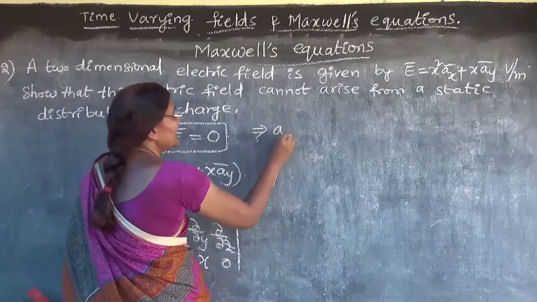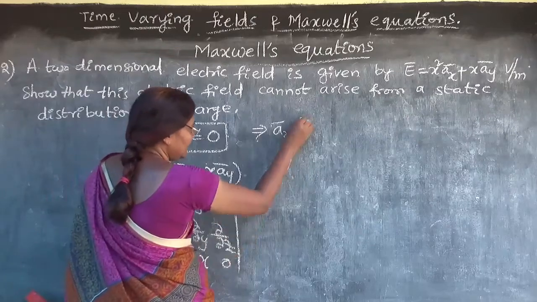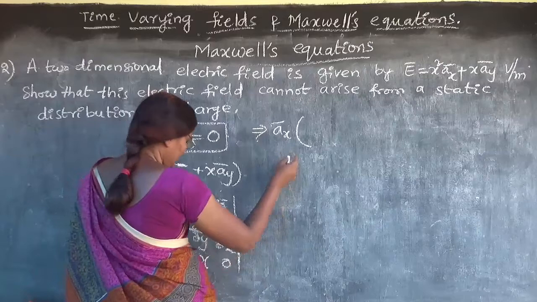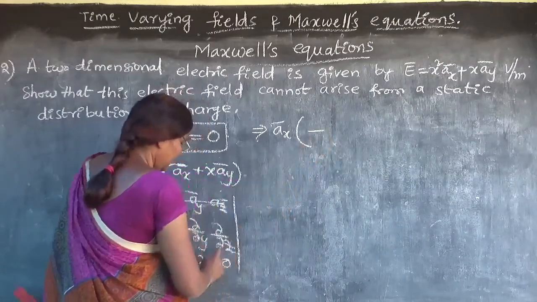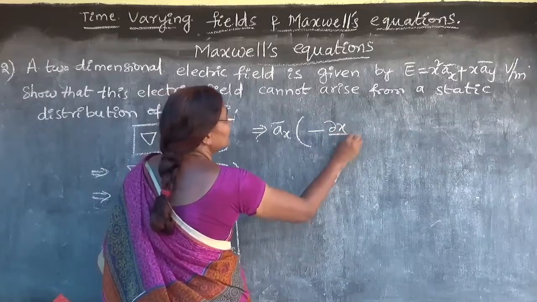ఫస్ట్ ఈస్ ఏఎక్స్ బార్ into dou by dou y into 0, that will be 0, minus dou x by dou z, dou x by dou z.